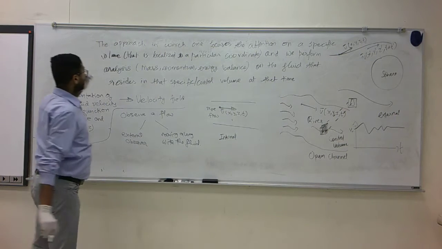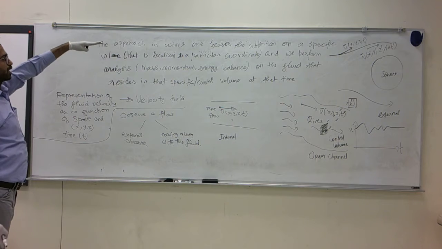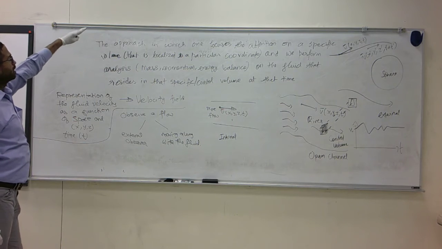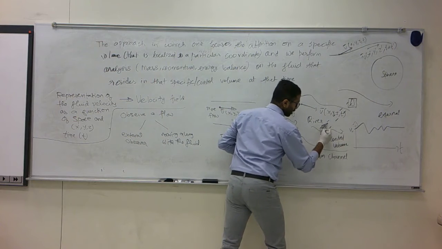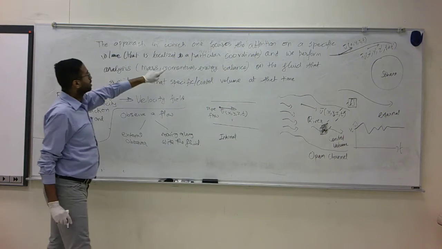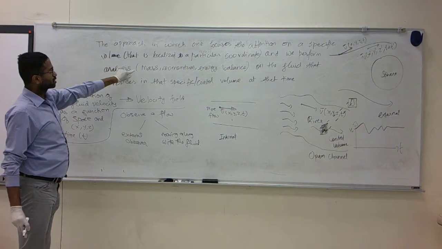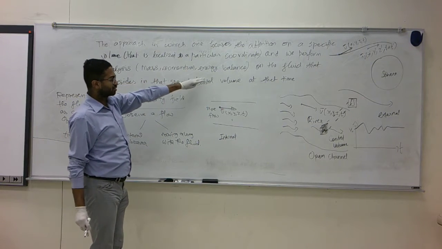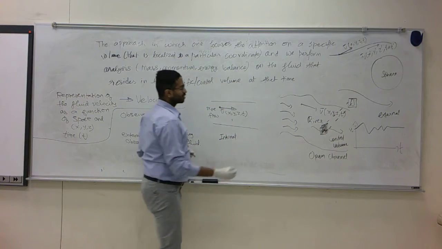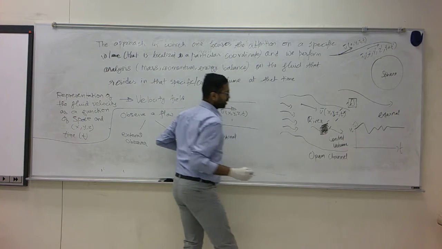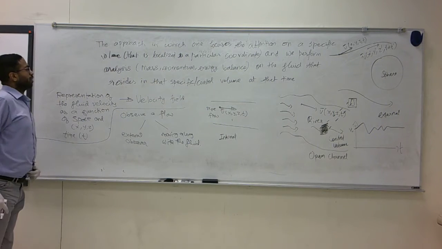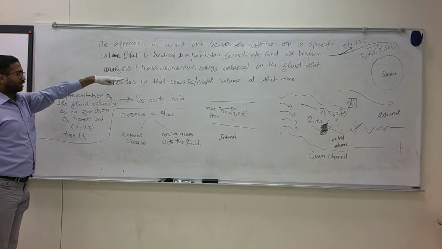The approach in which one focuses the attention on a specific volume that is localized to a particular coordinate. That is, I am interested in this location and perform analysis of mass, momentum, energy balance on the fluid that resides within this volume. I am interested only in this packet of fluid here, resides in that control volume at that time.